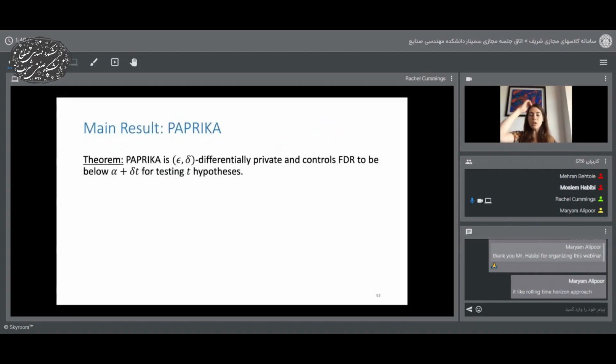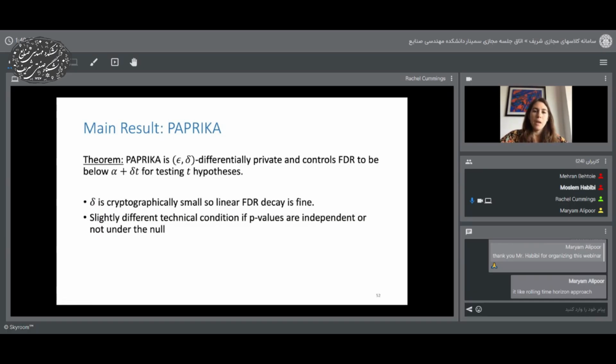And so the main result is that we have an algorithm that is epsilon-delta differentially private, and it controls FDR to be below alpha plus some very small delta t if we want to test t hypotheses. Comparing this to the non-private version, in the non-private case we control FDR to be below some fixed alpha, but here we have this additional delta t term.